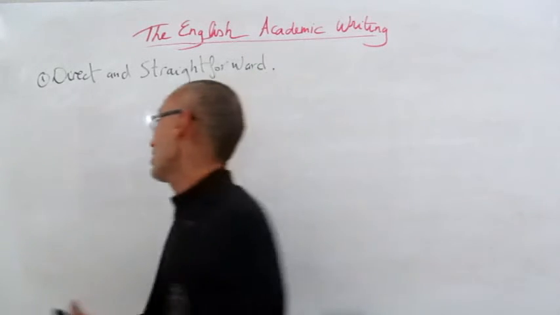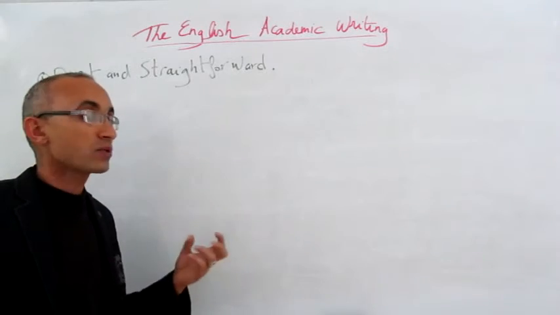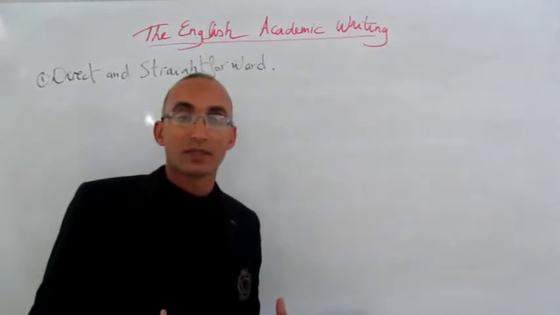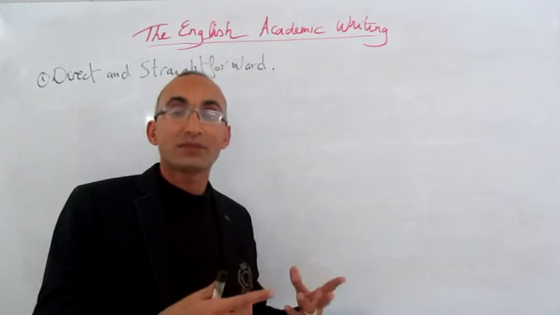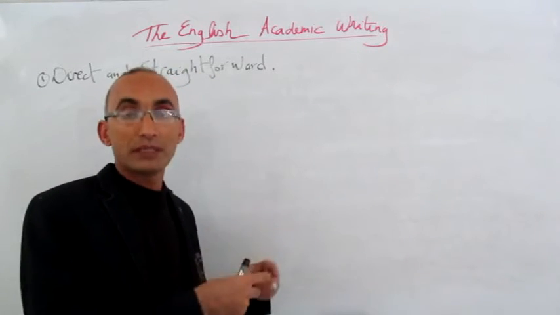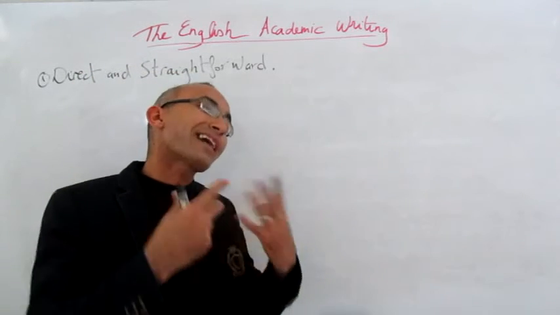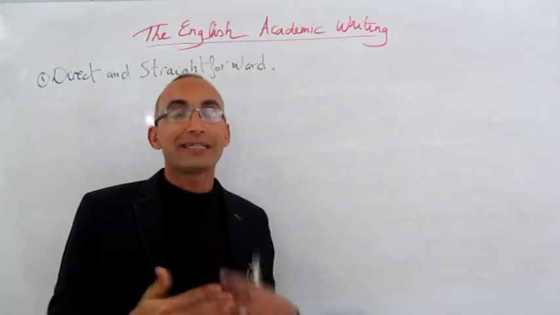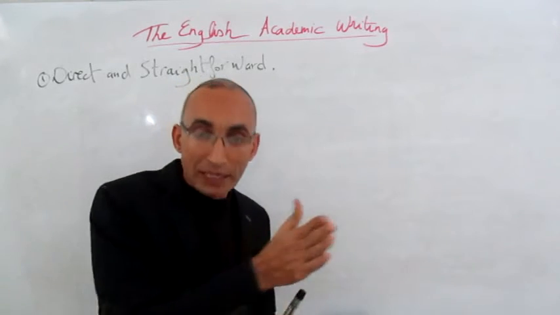For instance, if I want to write a paragraph about drugs, about drug addiction, for example, here I must be direct. I must inform my reader from the beginning that this paragraph or this essay is going to be about drug addiction.